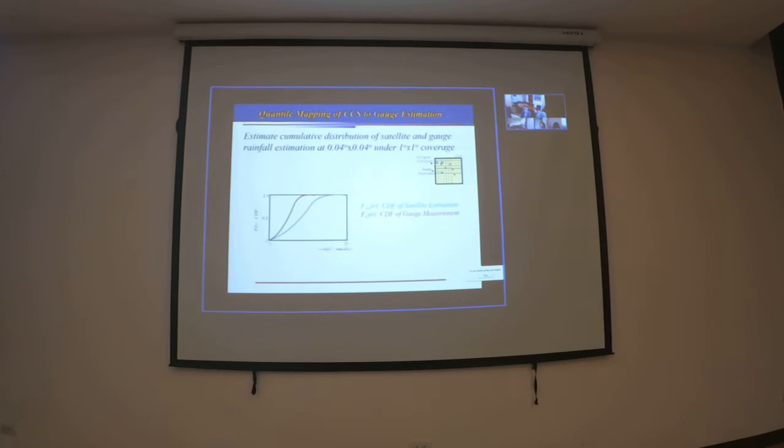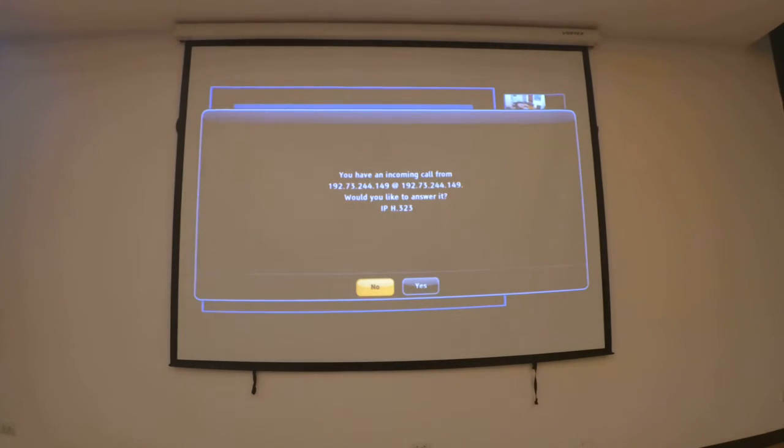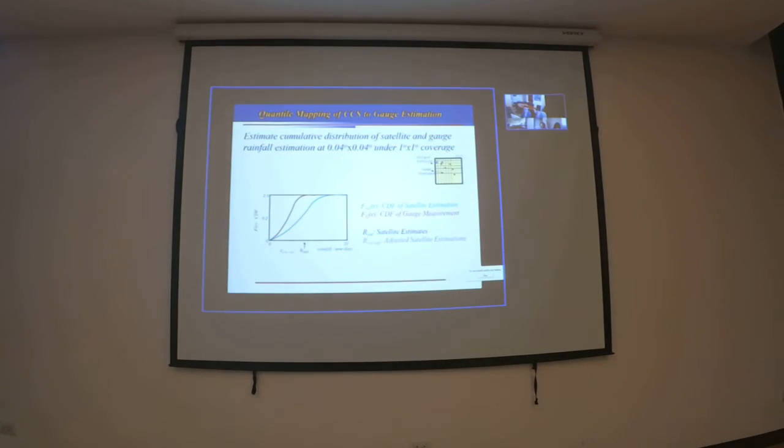So now we start to calculate the accumulated probability distribution, so that you can see the rainfall rate from the satellites put into the blue one, and then the rainfall rate accumulated curve from gauge is the red one.